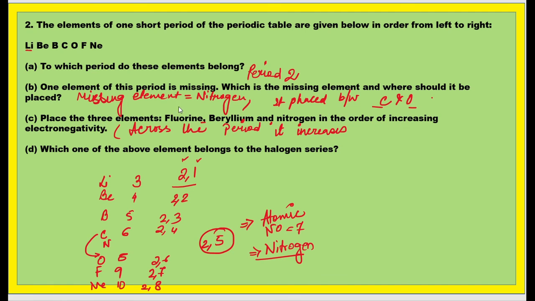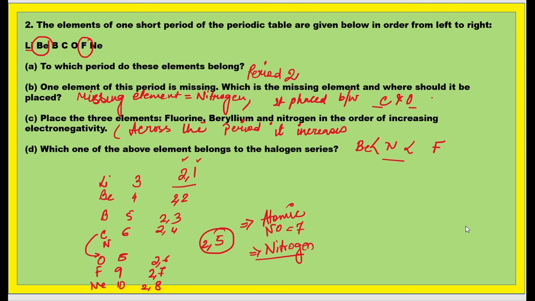That means among them, fluorine will have the maximum because it is at the rightmost corner of the period. Then beryllium will be at the beginning because it is at the leftmost. So nitrogen will be in between, and put the increasing order sign.